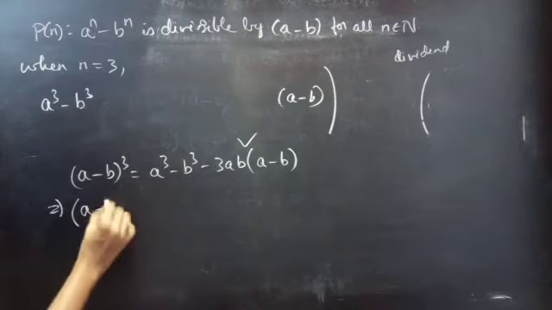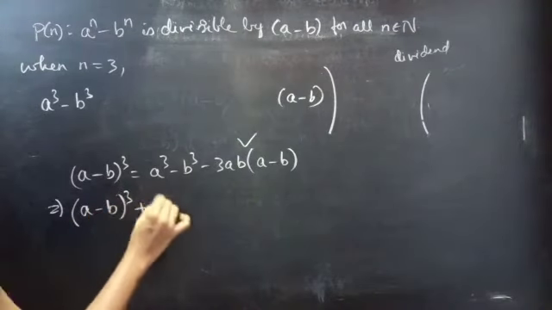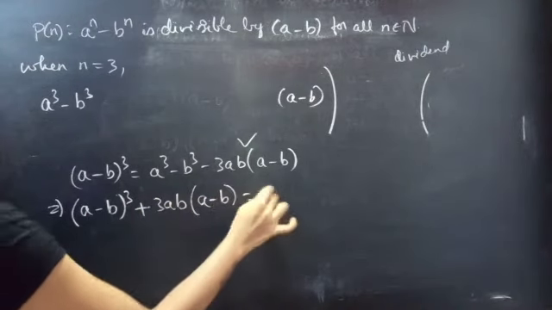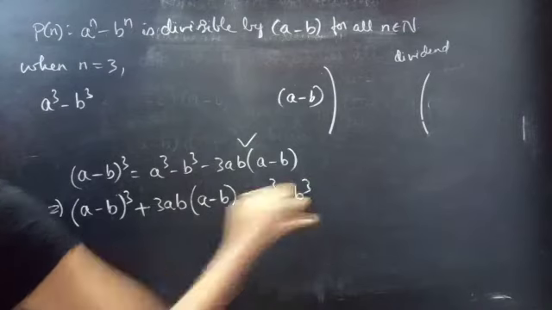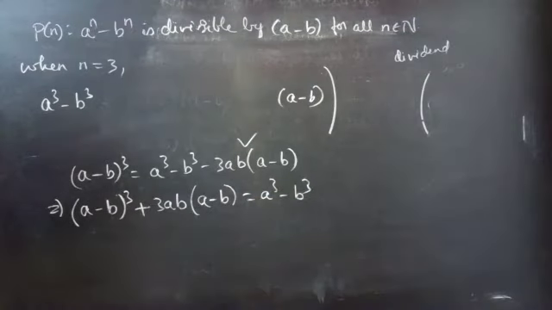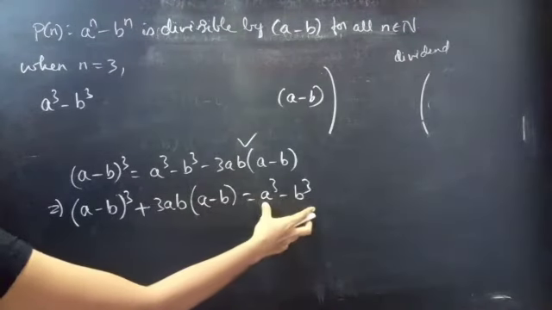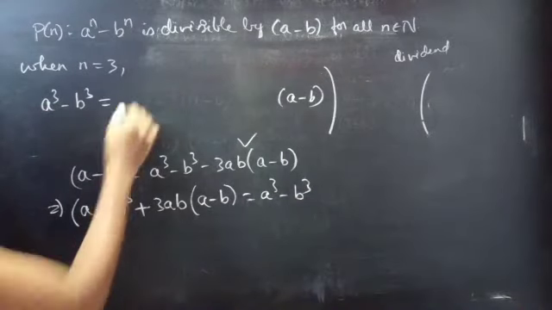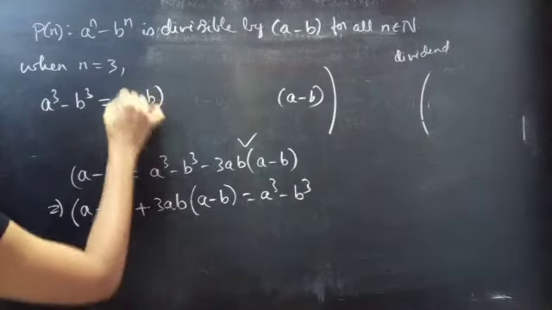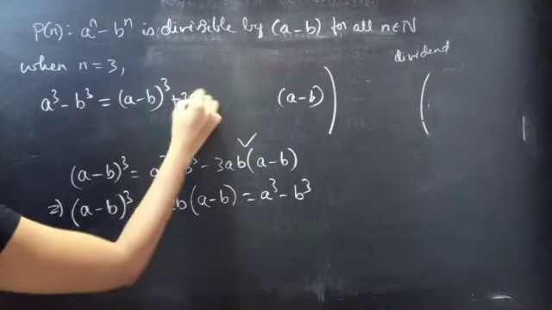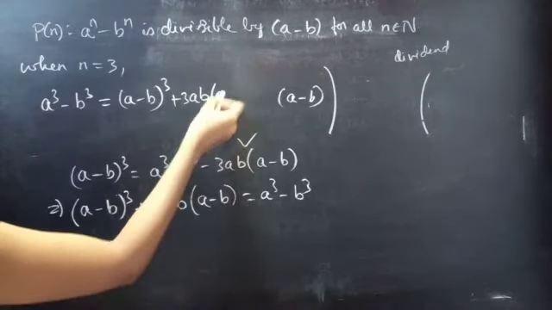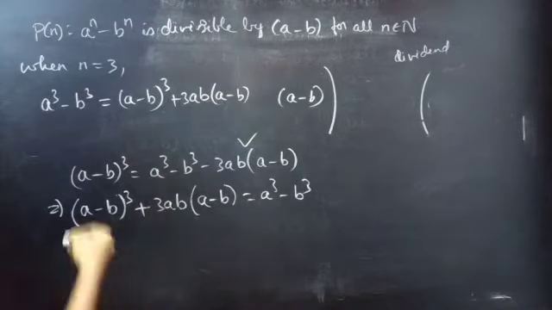We'll get a minus b whole cube plus 3ab into a minus b equals a cube minus b cube, right? So now, we can replace a cube minus b cube by a minus b whole cube plus 3ab times a minus b.